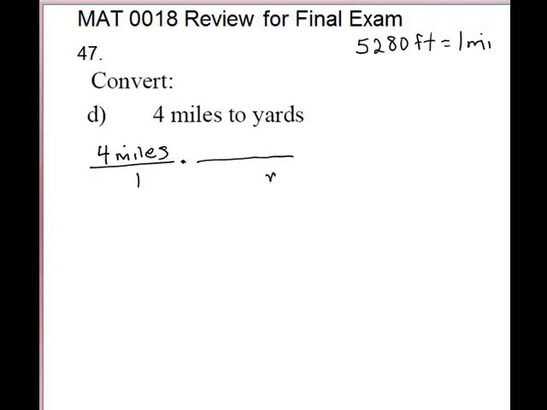We want to get rid of miles. And we know miles to feet. And so it is 5,280 feet to 1 mile. You can go ahead and put your next conversion factor here, or you can do 2 steps. It doesn't really matter.